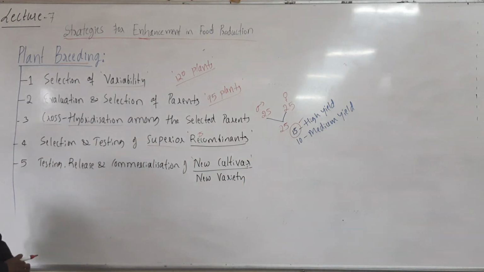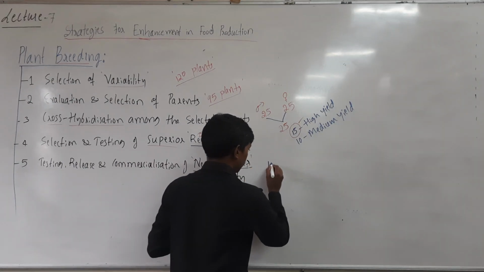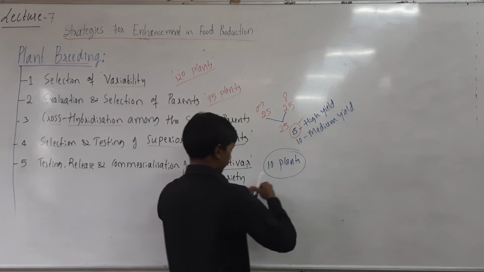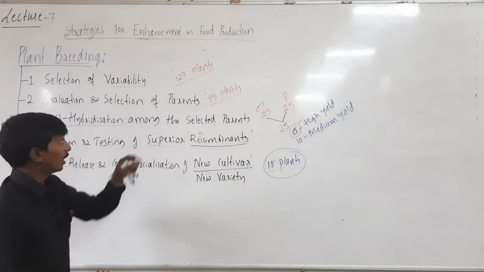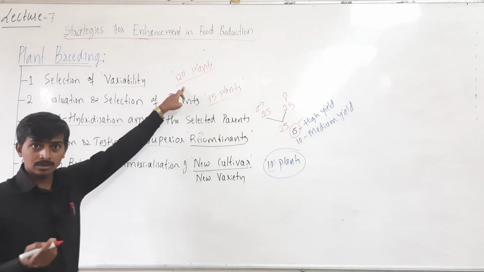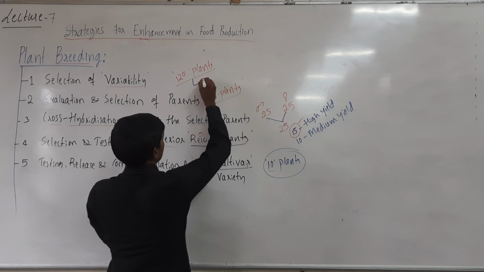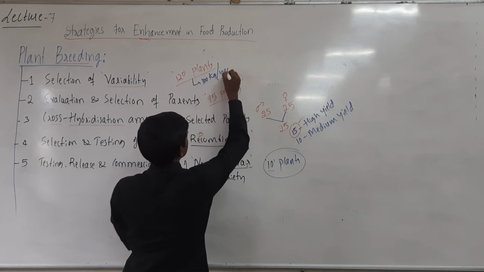Right, means when among the 15 they found that about 10 plants are giving more yield, heavy yield. So, they selected 120 plants, which were giving a yield of about 100 kg per year.